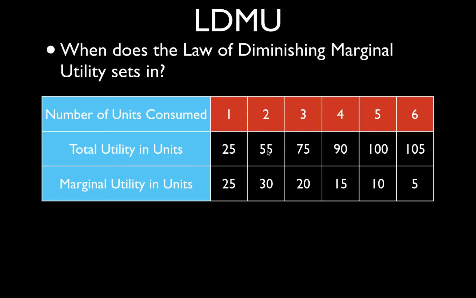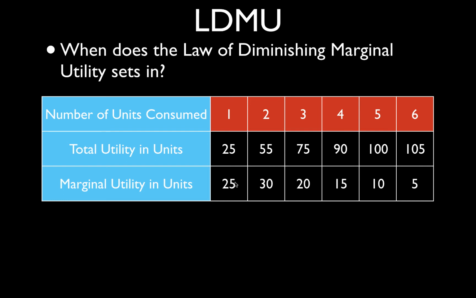Going from 1 to 2, the total utility is 55, but that includes the marginal utilities of good 1 and good 2. So to find the marginal utility of the second good, you take the total utility of the previous good away from the total utility of this one. So 55 minus 25 gives you 30 utils. The second good gave you an extra 30 utils of happiness.